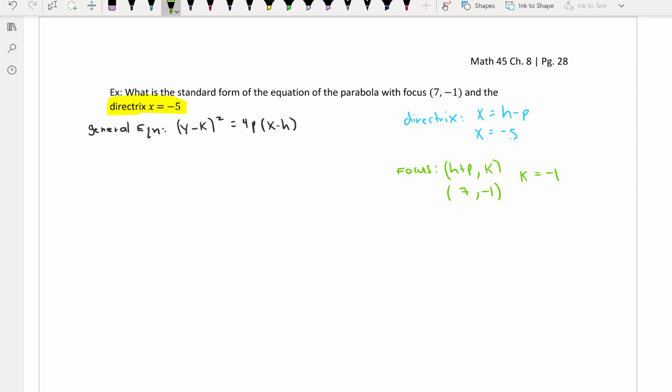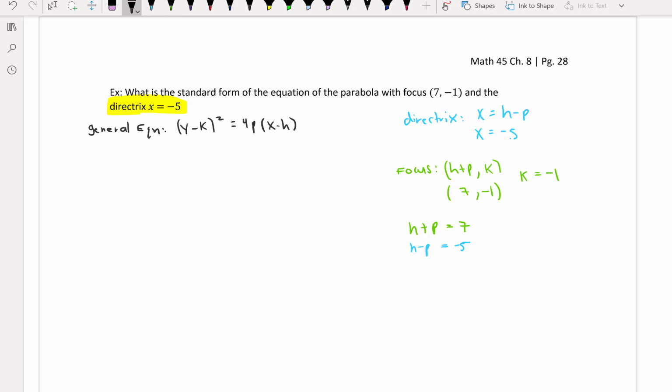And everything else I can kind of figure out on my own. So now I have two different equations. I have that h plus p is equal to 7 from the focus, but from the directrix I have that h minus p is equal to -5.